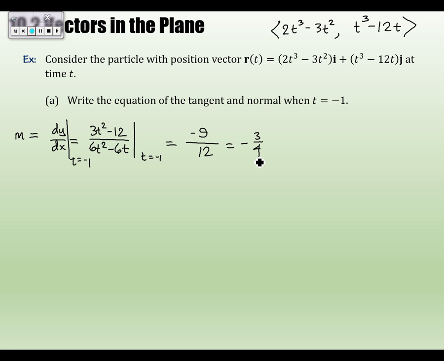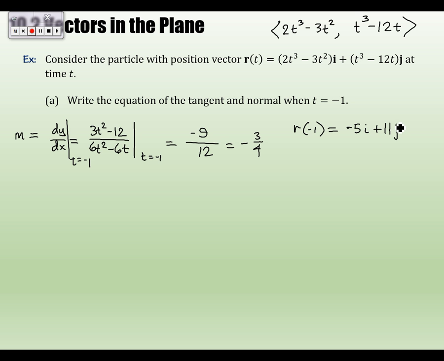What else do we need? We need the point as well. If we plug -1 into our position function, so we've got the slope and we need the point at which the tangency occurs. So we get -2 minus 3 is -5, I think, and -1 plus 12 is 11.